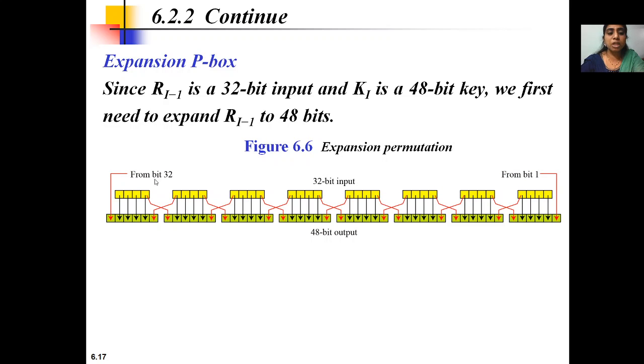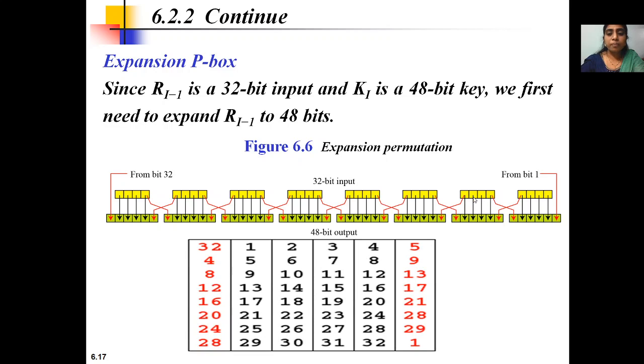The 32 bits are expanded in this manner: the last bit values are again taken as the first bits. You can see here the first 32 bits remain in the same manner, but here you add 8 bits in the first and 8 bits in the second.